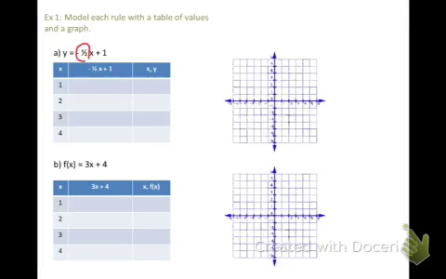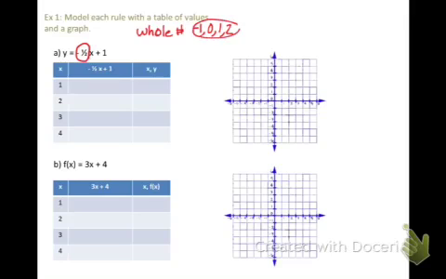Notice the number in front of the x. If you have a whole number, here are the four numbers I want you to use: -1, 0, 1, and 2.